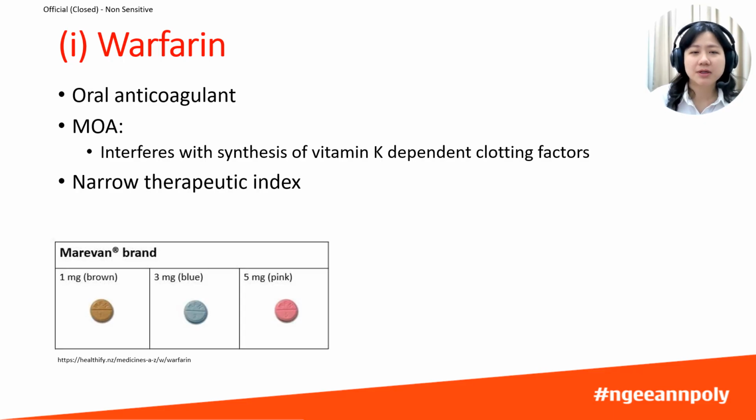In Singapore, the brand Marevan is commonly used. The tablets are available in different colors for different strengths. This helps the patient to differentiate and distinguish the different tablet strengths. Because of the narrow therapeutic index, it is important that patients do not switch the warfarin brand without supervision.